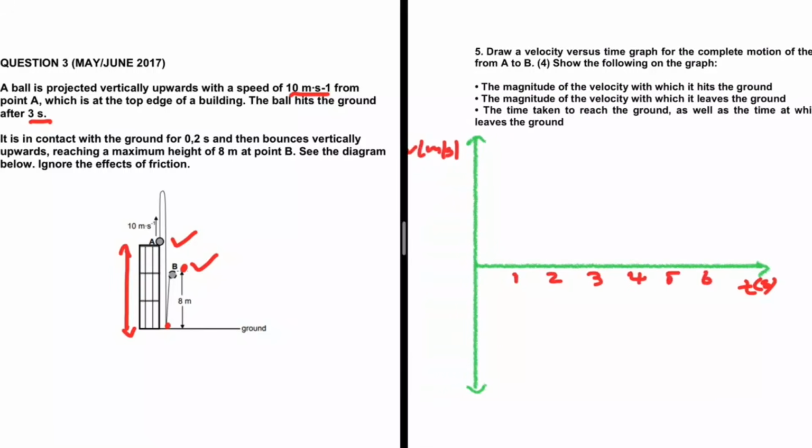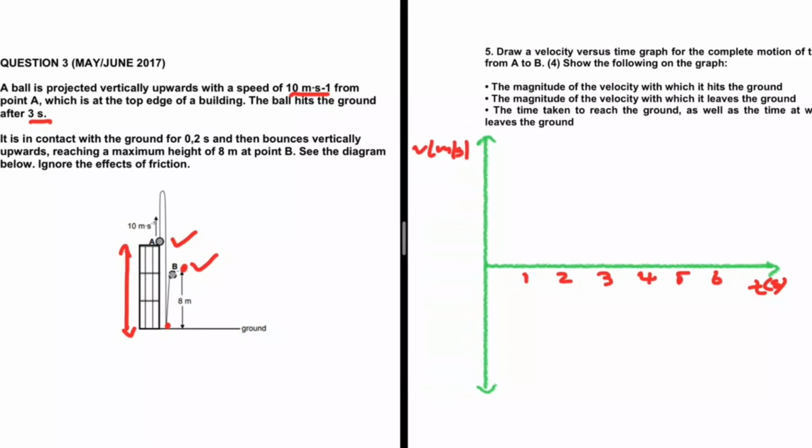Okay, and then its initial velocity, we're taking up as positive. Its initial velocity is 10 meters per second. That is its initial velocity. So it starts here, and then gravity is acting against our motion, right? Our object is going up, gravity is going down. So the velocity decreases until it reaches its maximum height.